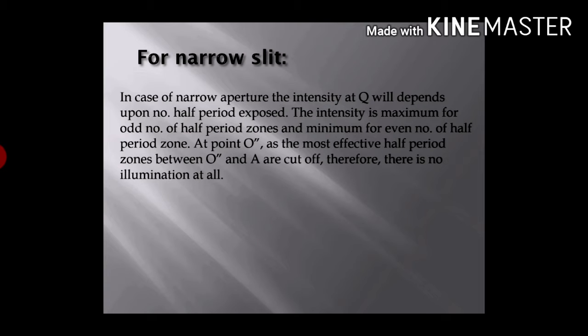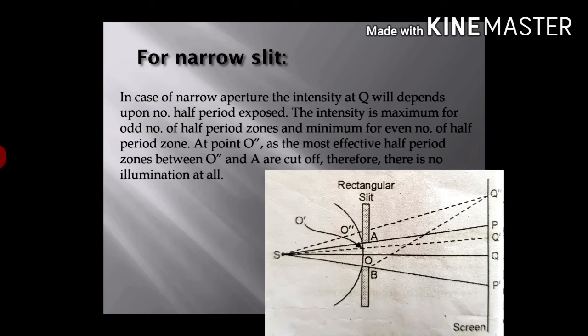At point O double dash, the most effective half period zones between O double dash and A are cut off, because they are obstructed by the slit. If we consider the point O double dash, this is the cone, and we have to construct the half period zones around this cone.